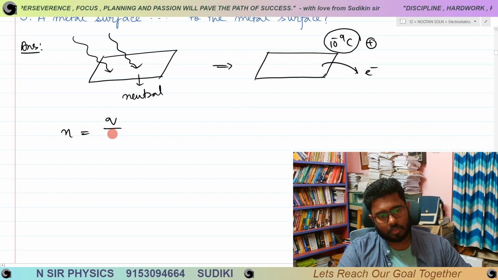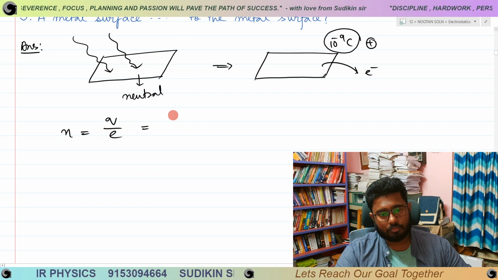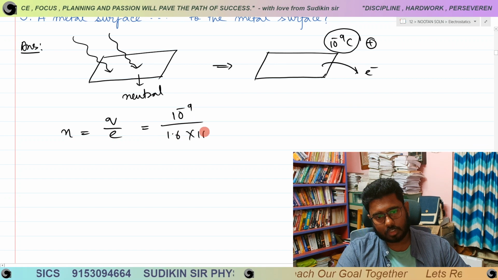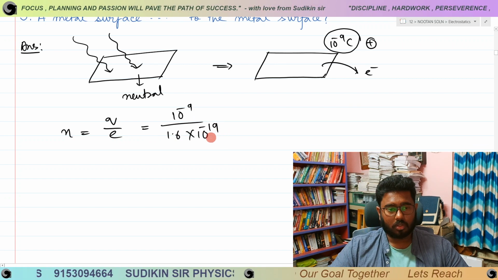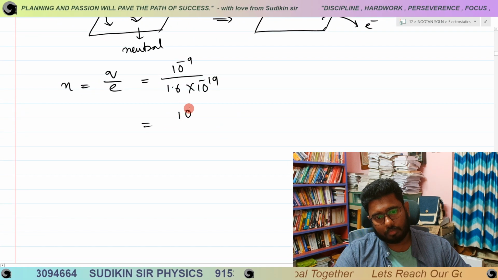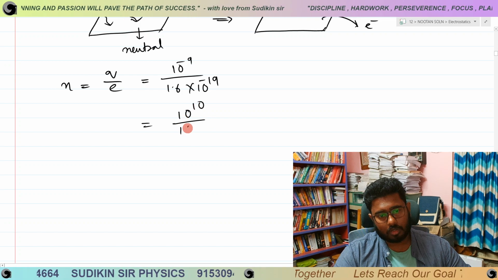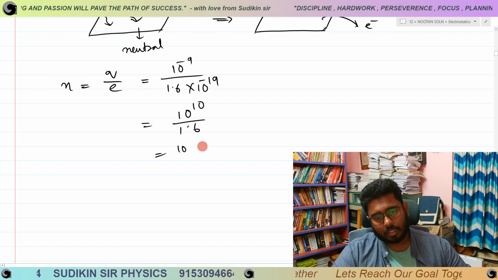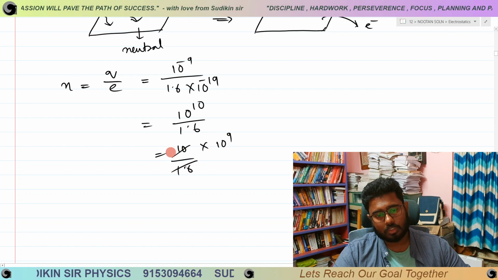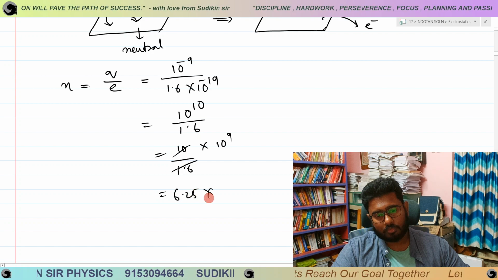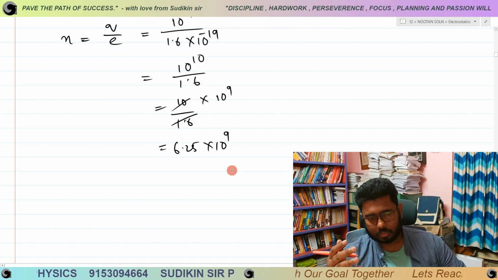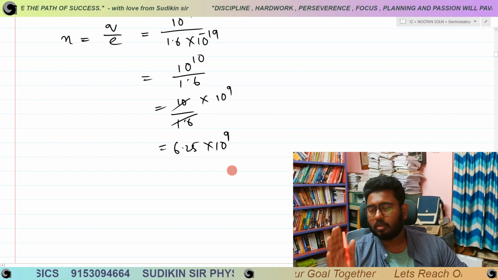So n equals q by e, that will be 10 to the power minus 9 by 1.6 into 10 to the power minus 19, that is 10 to the power 10 by 1.6. We can write it as 10 into 10 to the power 9 by 1.6. As I've already told you, this becomes 6.25 into 10 to the power 9. So it has lost a total number of electrons of 6.25 into 10 to the power 9.